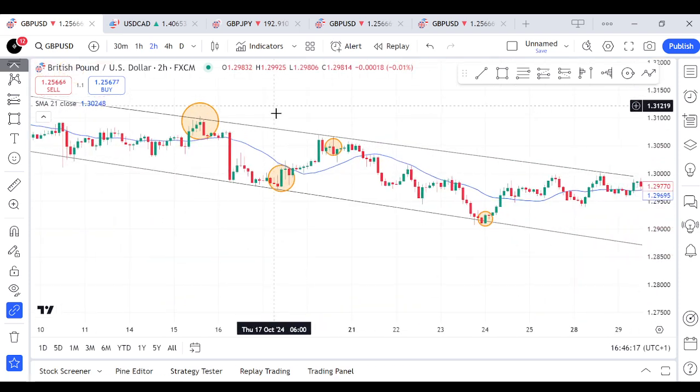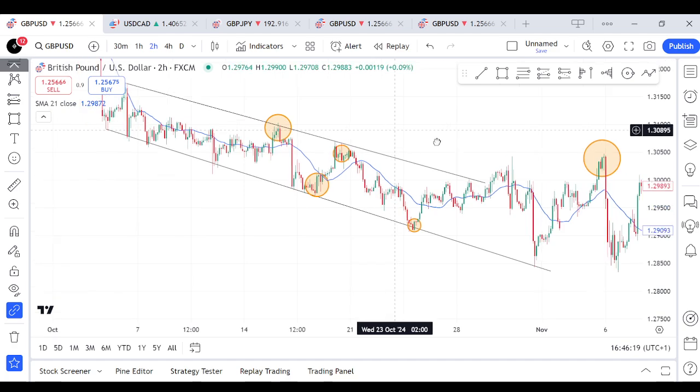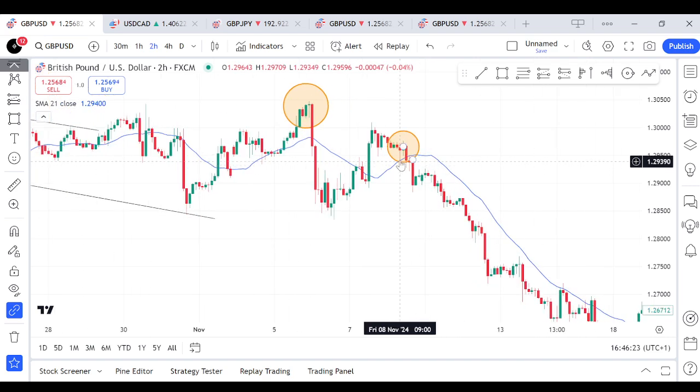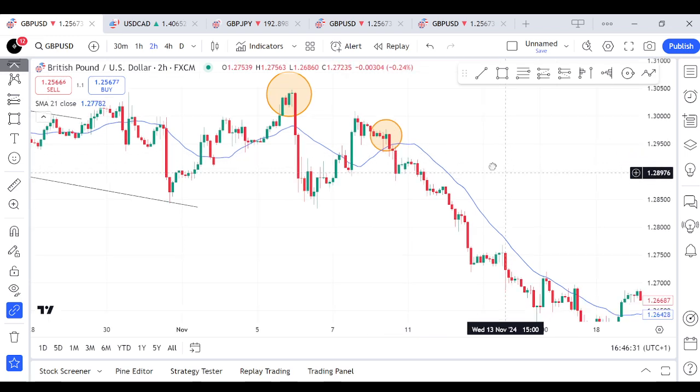Here we were quite bearish. We had this channel, price was ranging, so the moving average was ranging with it also. And we had this engulfing pattern just when price was about to cross the moving average, so it could be a valid one.